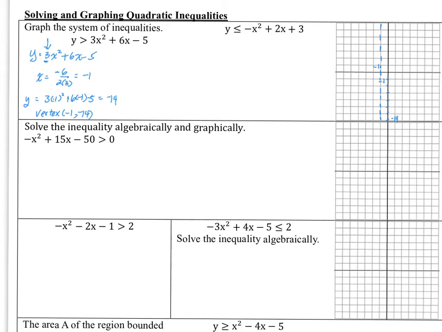So now I can begin graphing. I just drew in the axis of symmetry where x equals negative 1. And I'm going to plot the vertex of negative 1, negative 14. And then my y-intercept is negative 5, so it's about here.